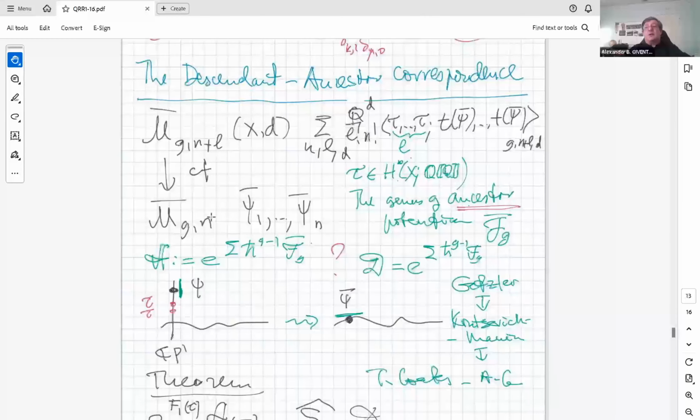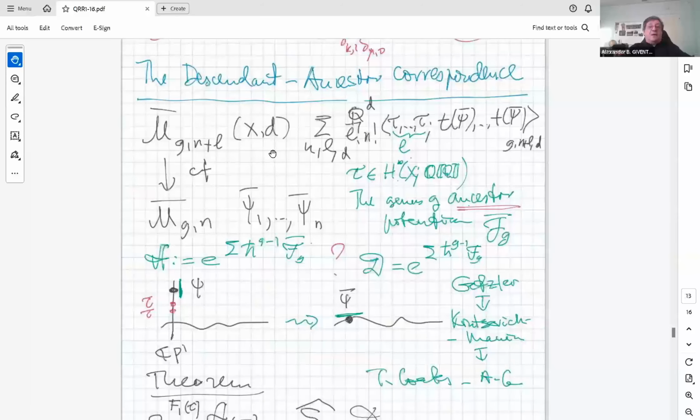Then I should contract, that is, remove the unstable components, and determine which components need to be contracted, so that the curve is a stable Deligne-Mumford curve, and there is such a map between these spaces. It's called a contraction map.